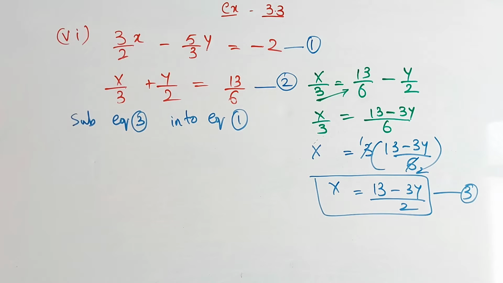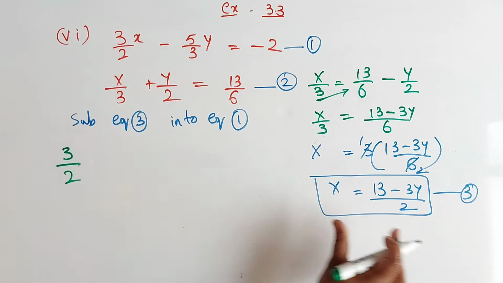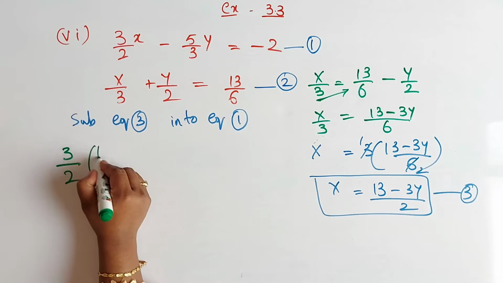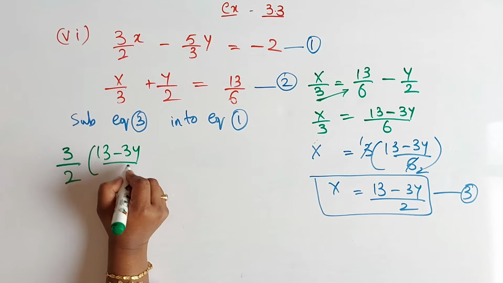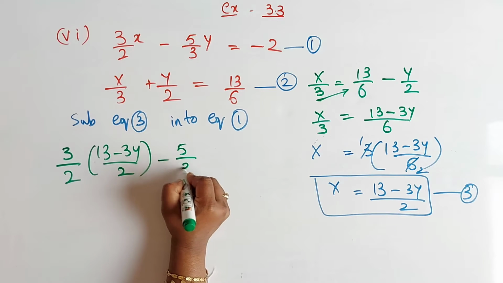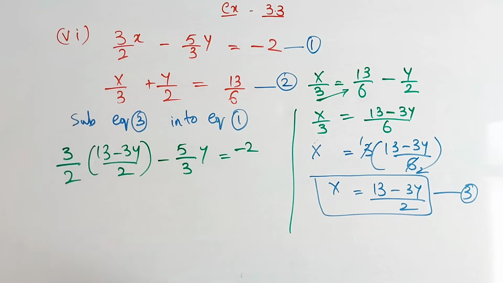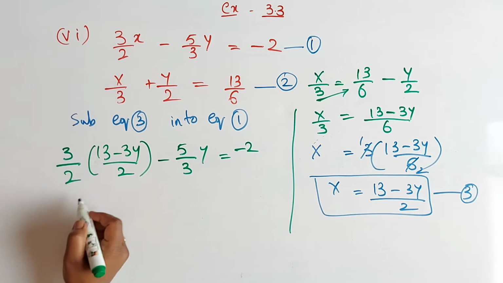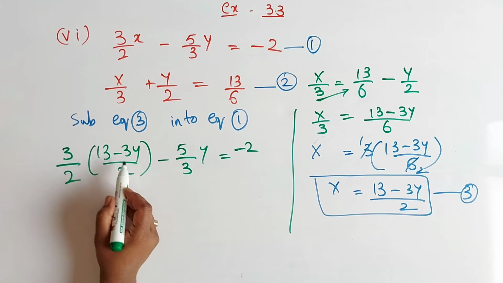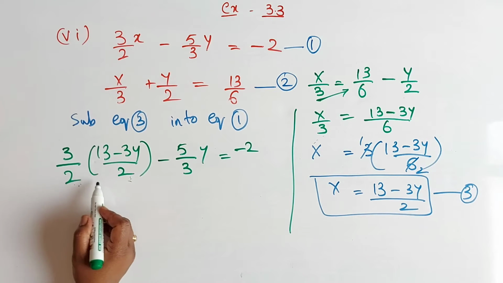Correct? So what is first equation? 3 by 2 of x. 3 by 2 x. X means we can write this value. 13 minus 3y divided by 2 minus 5 by 3y equal to minus 2. Now here 3 by 2 into this one divided by 2. 2 is multiplying.